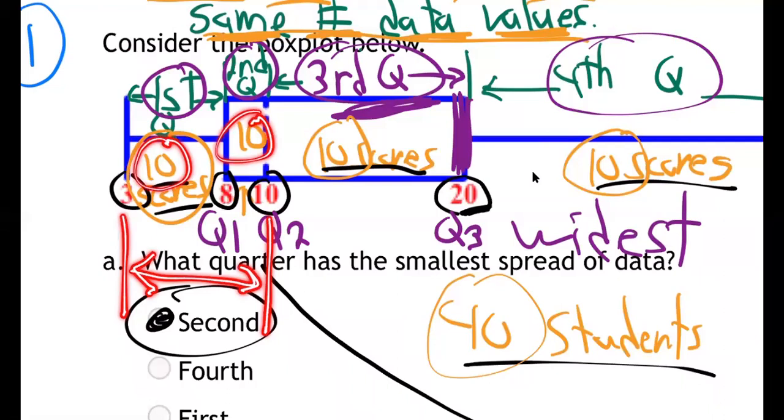Because remember, there's 10 students in each quarter, so 3 to 10 includes 2 whole quarters. So that's got to be 10 and 10, 20 students, doesn't it? Everybody seeing that? Questions I can answer so far? See how 3 to 10 is 2 whole quarters, 10 and 10, 20 students.